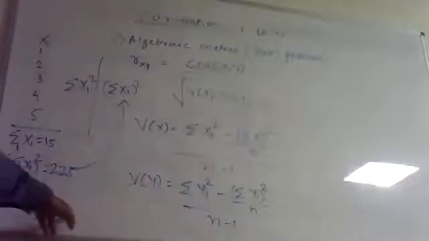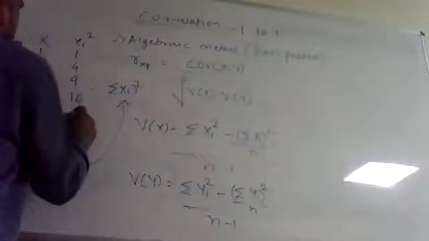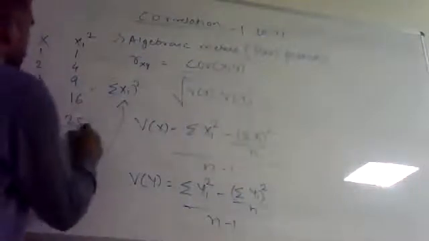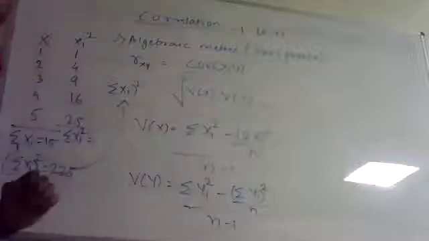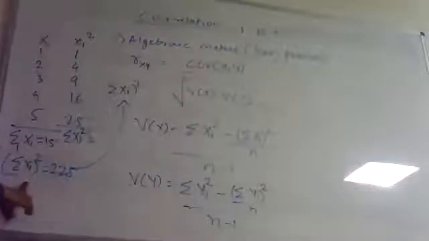Now, what is summation xi square? Square each term: 1 square is 1, 2 square is 4, 3 square is 9, 4 square is 16, and 25. This will give you summation of xi square, which is 55.